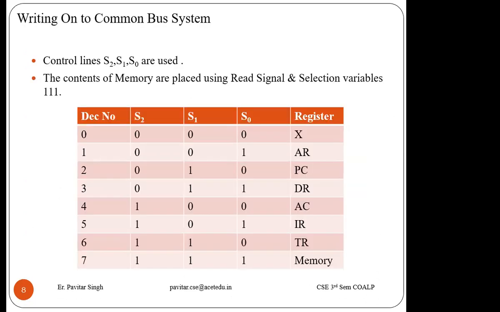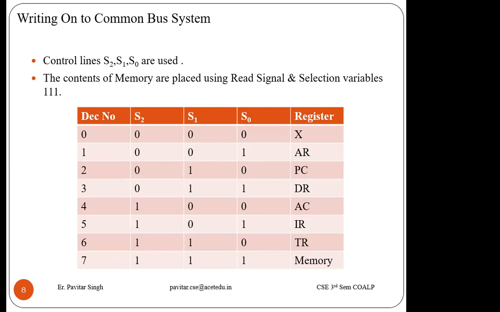So how is writing onto the common bus system achieved? First of all, you need to discuss 3 to 4 things whenever a common bus system is covered. The first thing is how writing is done onto the bus, right?